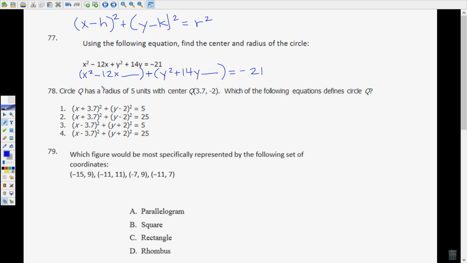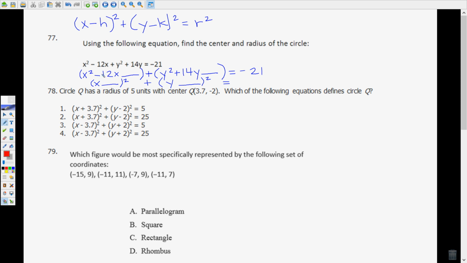So I'm going to fill in those blanks, and when I do, I'm going to have x plus or minus, we're not sure yet, some number all squared, plus y plus or minus some number all squared, equals some number, and that will be some number squared when we get finished. So let's see.